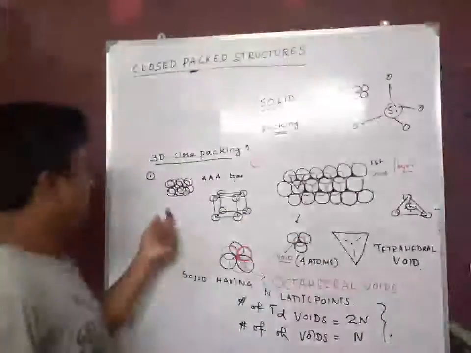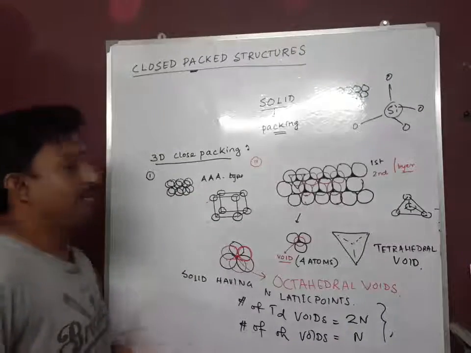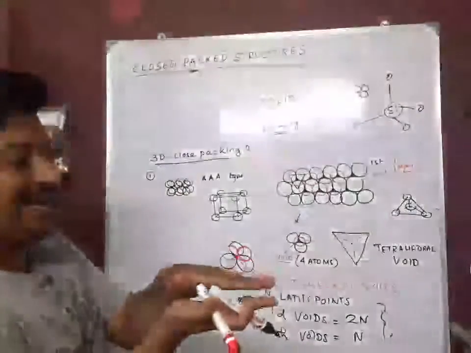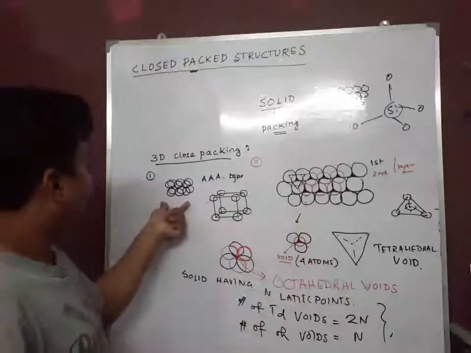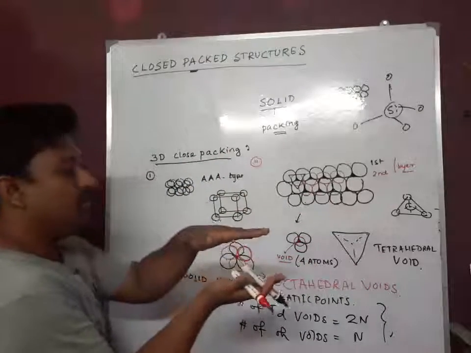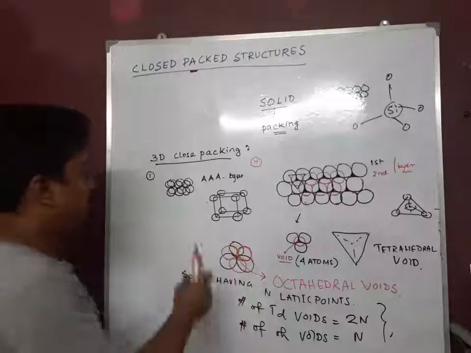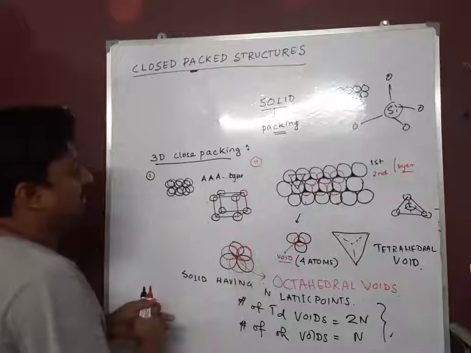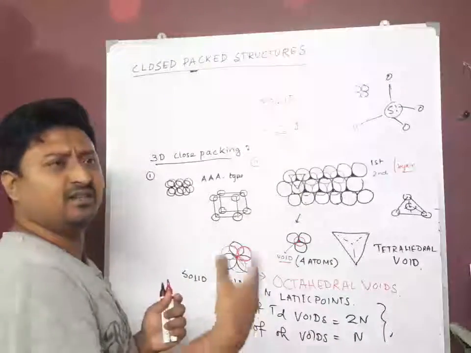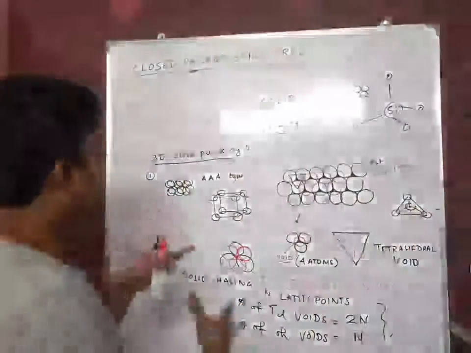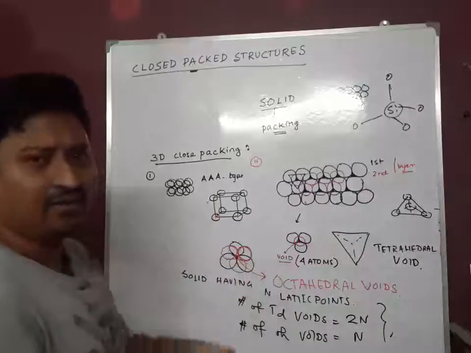In the first type, it is an AAA type of arrangement. That means all the lattice points are in the same plane. So you will get a highly close-packed structure, and it will have a cubic kind of arrangement. If you replicate this cubic structure many times, you will get this AAA type, because all the atoms are in the same position.